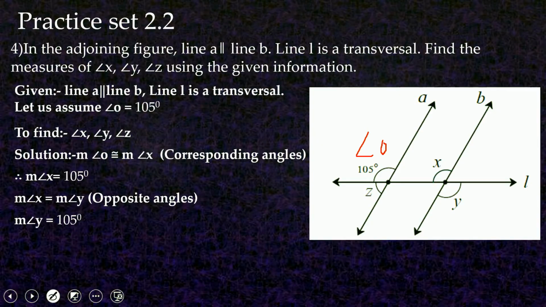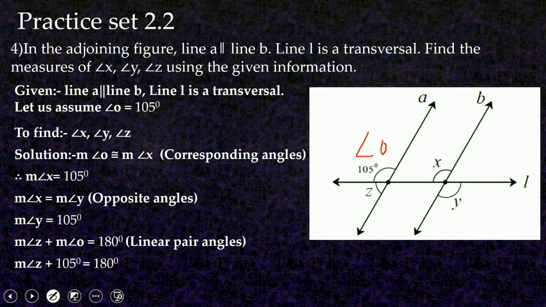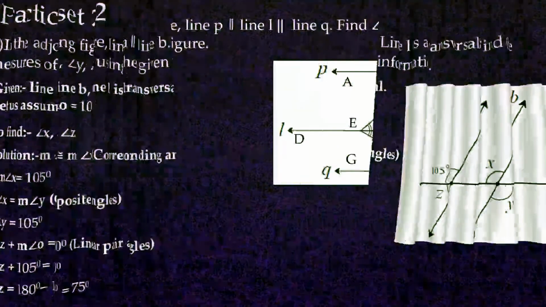So measure angle Y is 105 degrees. Measure angle Z plus measure angle O is equal to 180 degrees. The reason is linear pair angles. So if we substitute the value of measure angle O, that is 105 degrees, we get measure angle Z is equal to 75 degrees.